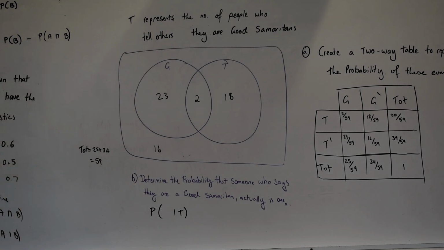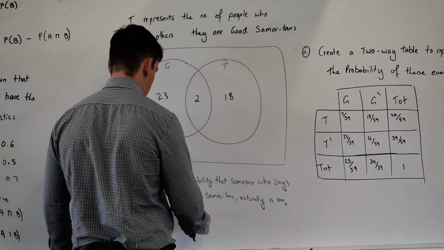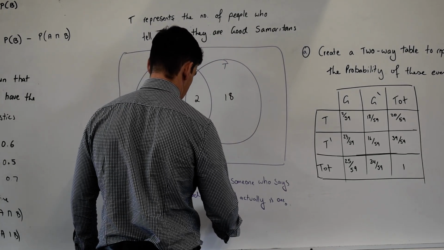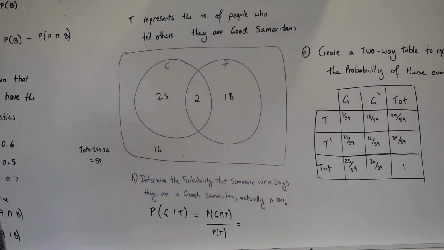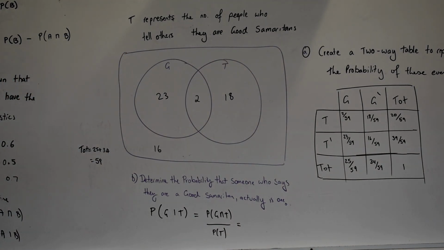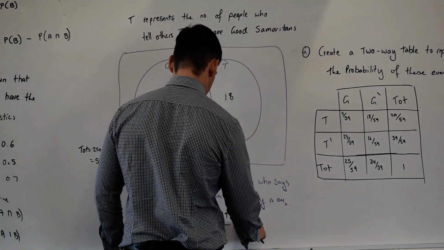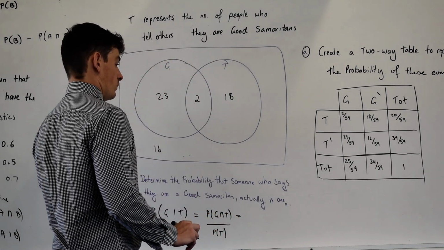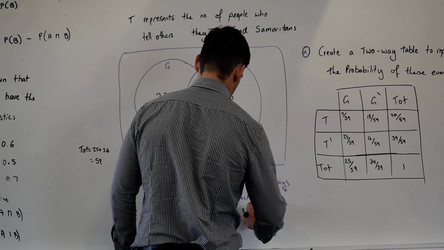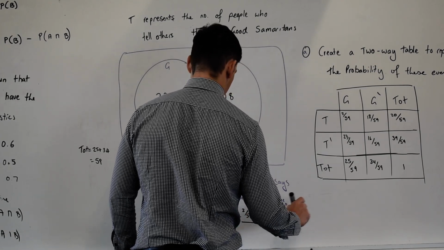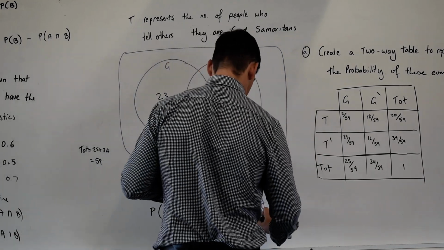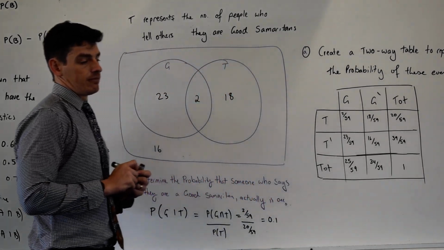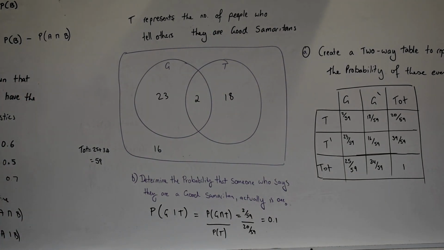What do we want to know? The probability that they actually are a Good Samaritan. So we would write P(G given T), which is the probability of G and T divided by the probability of T. So 2 over 20 or 1 over 10, which is 0.1.